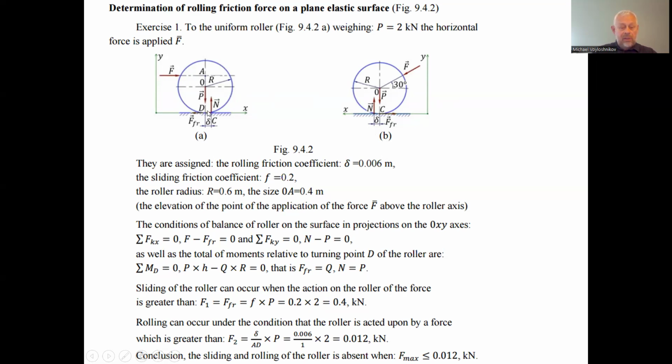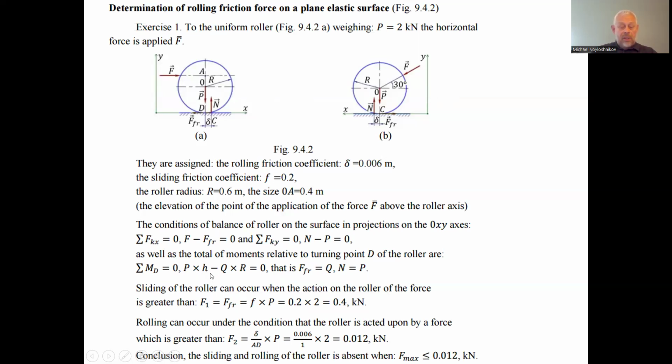We consider the point D for the balance of all moments acting onto the rolling wheel. This is force P by delta. It could be the force N as well, but we have force P and force N, not so much importance. They are of the same magnitude.